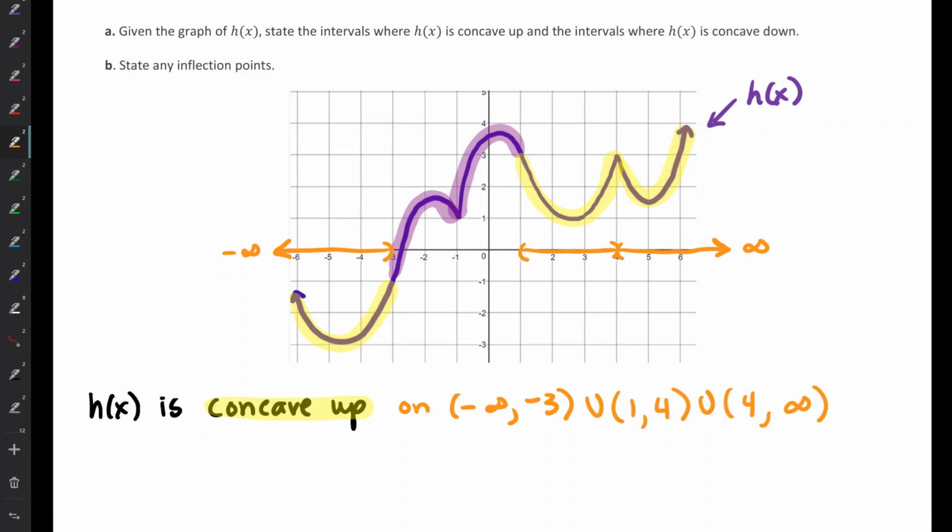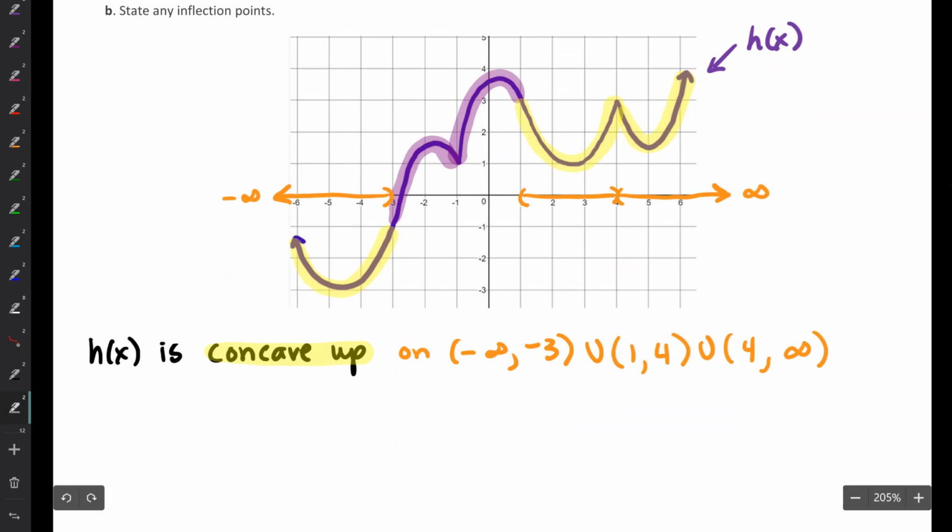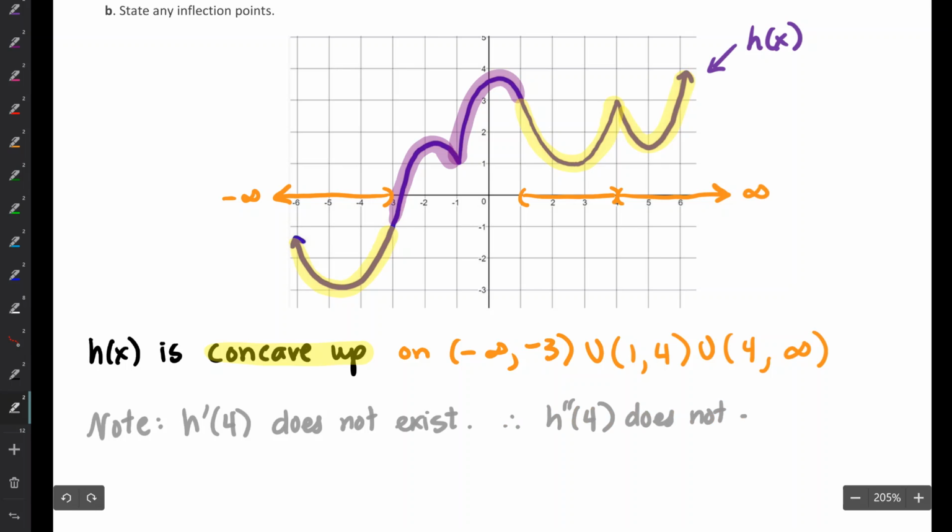All right? So let's just make that note. h prime of x does not exist at x equals 4. I'm just going to write h prime of 4 does not exist. Therefore, h double prime of 4 does not exist.